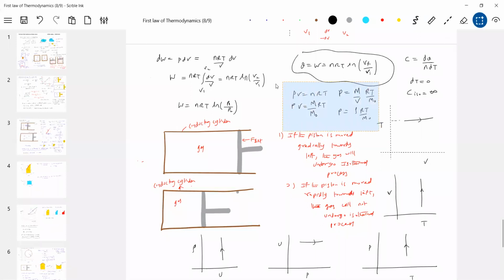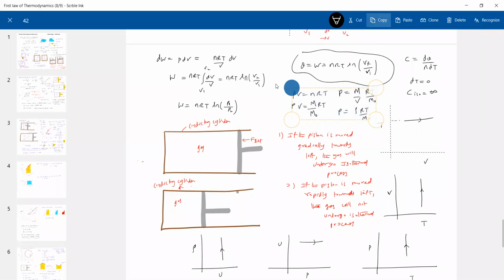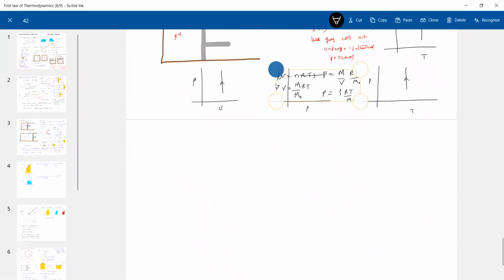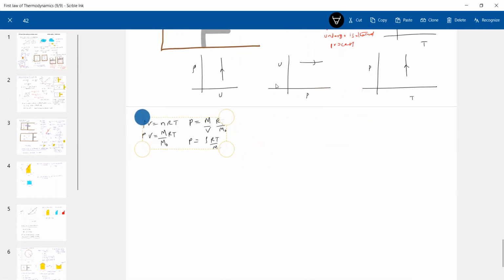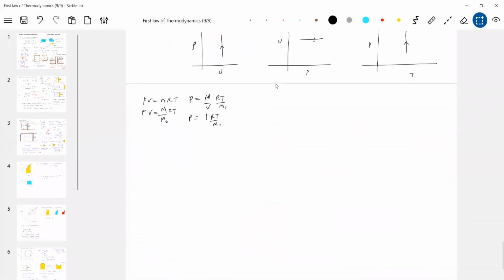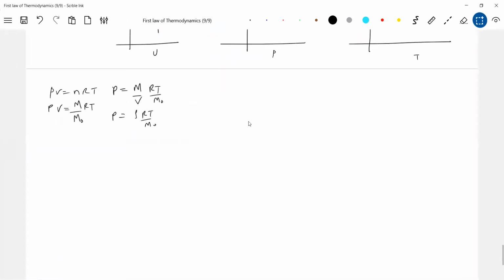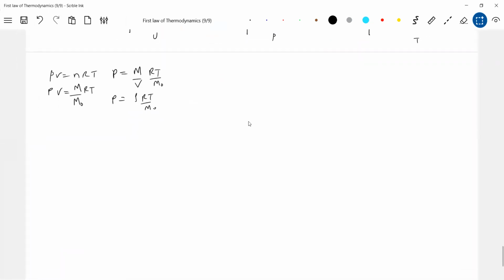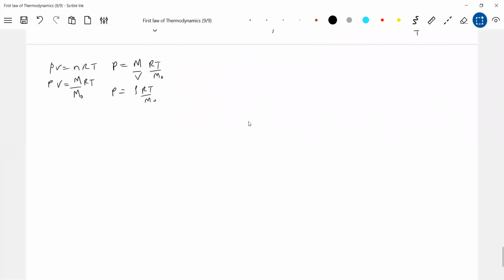So let me rewrite this equation: P equals rho RT by m naught.